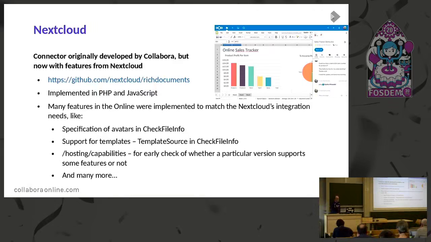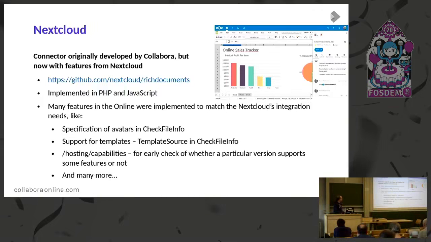One of them was that we have the list of active users in Collabora Online, and they wanted to have the Nextcloud avatars next to the usernames. So we implemented this as a part of the check file info API, and we also implemented creating documents from templates.